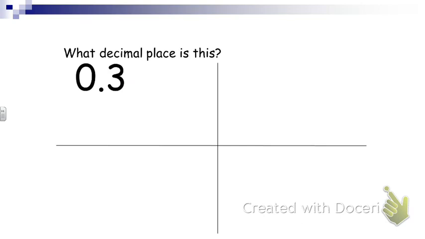All right, also part of this is what decimal place we have. So 0.3 would be the tenths place. So if we say it properly, we would say 3/10, not 0.3.